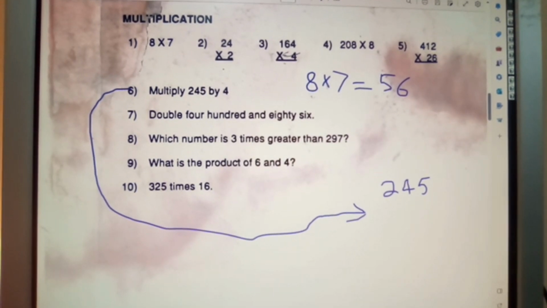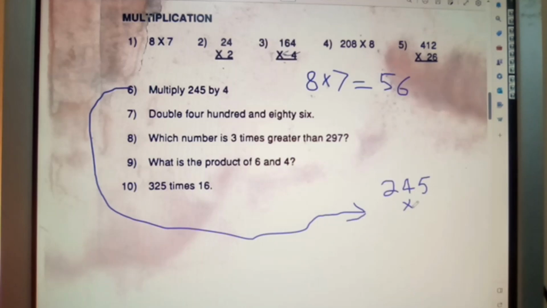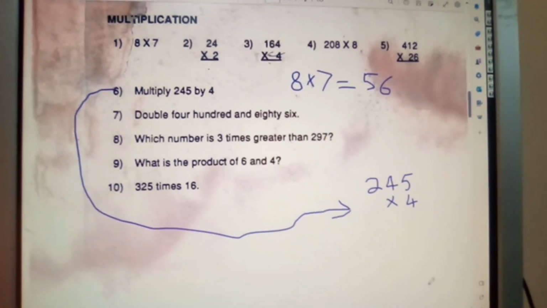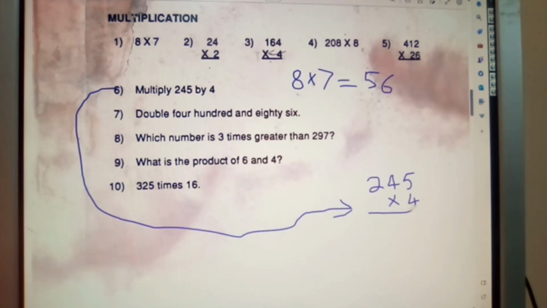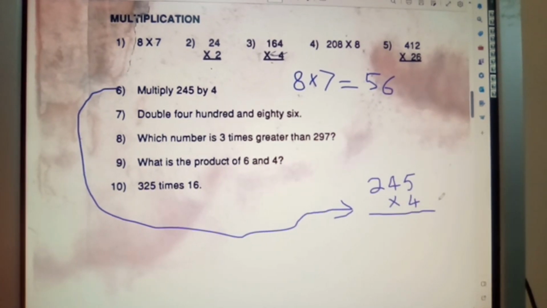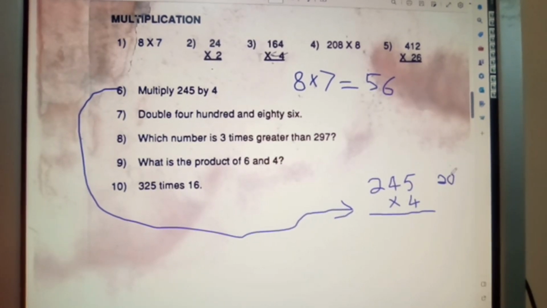Okay, times by 4. Now 5 times 4, or 4 times 5, is 20. Okay, so I put the 20 on my slide here as my workout. I'm going to call this my workout column. Okay, cross the naught out, put the naught in.